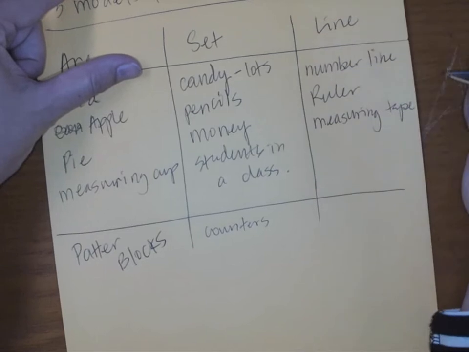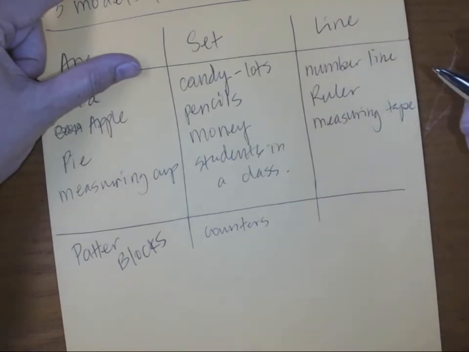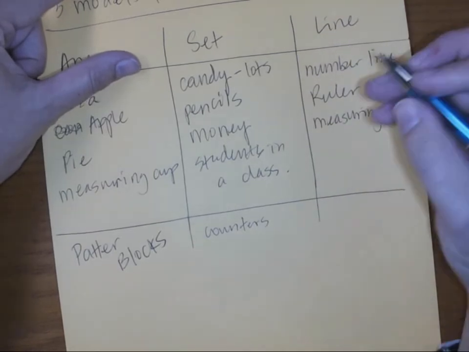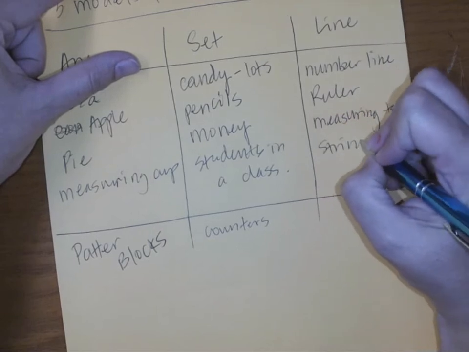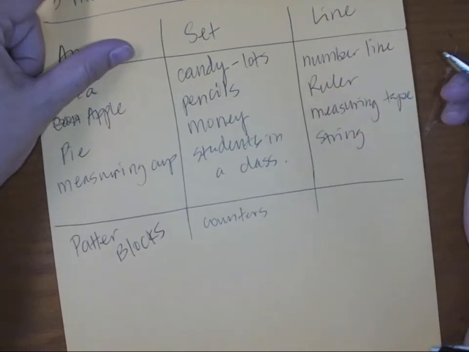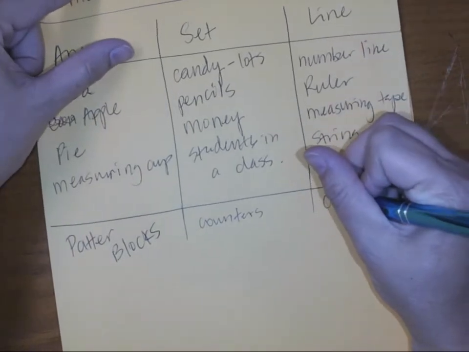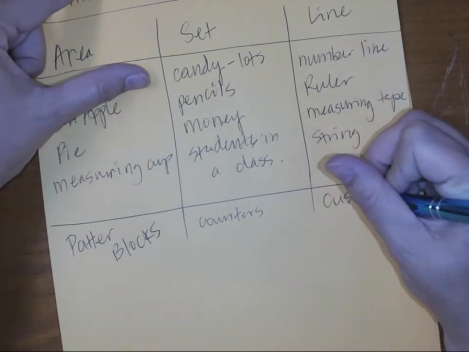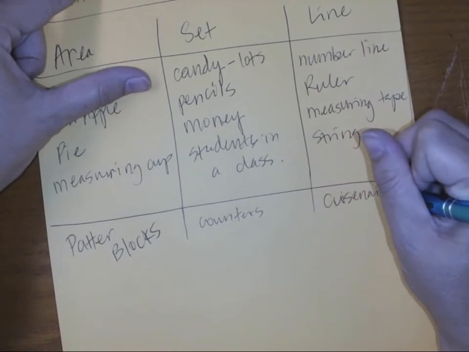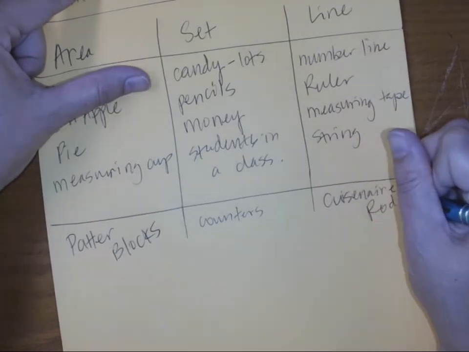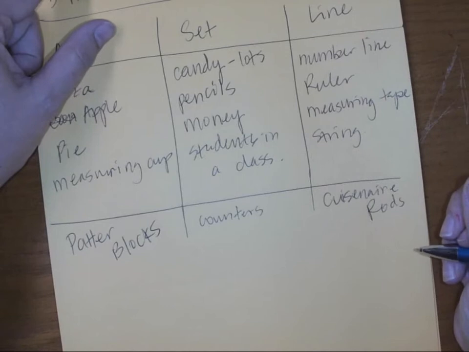Or I could do, let's see what else, a string. Take a string and split it into pieces. Okay, and the manipulative for a line model is Cuisenaire rods. And usually we abbreviate these, C rods is what we call them.